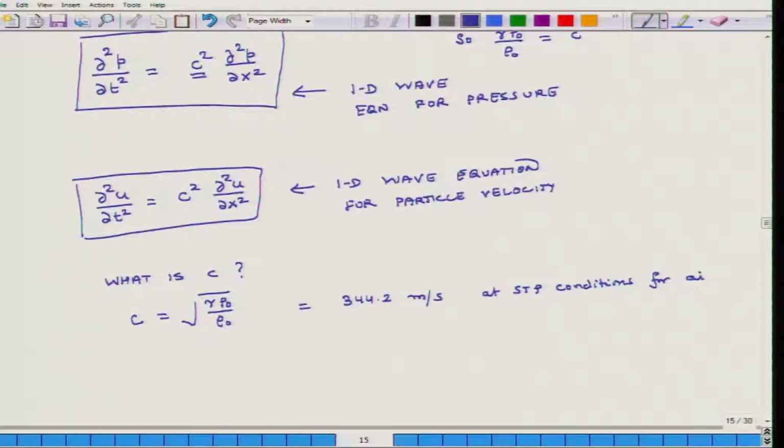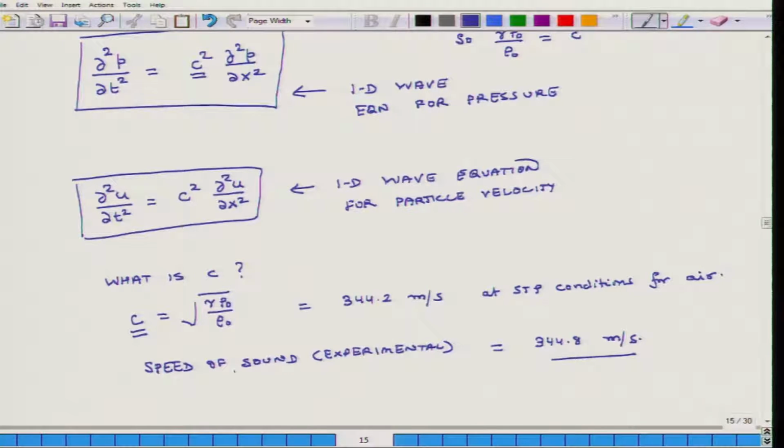If you measure the speed of sound experimentally, the experimental value comes to be 344.8 meters per second. So, it looks like c is very close to the experimentally measured value of the speed of sound.